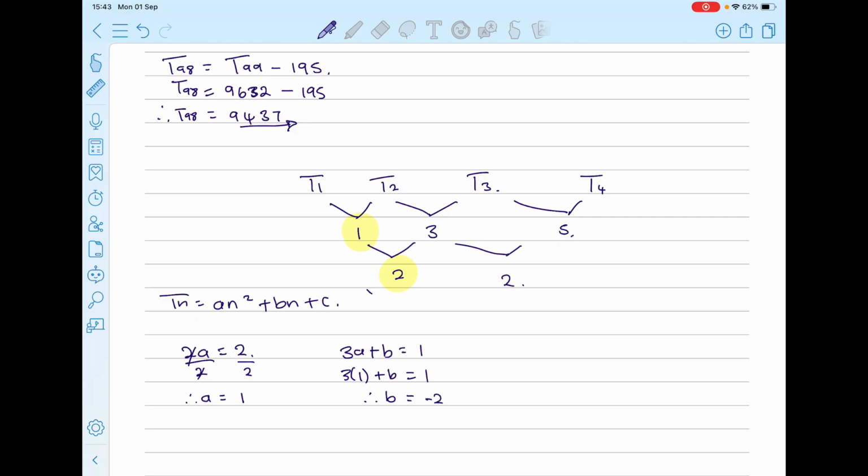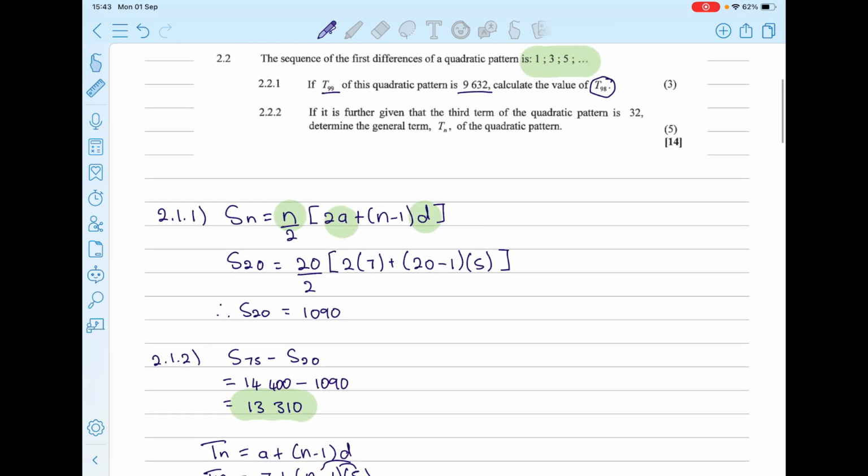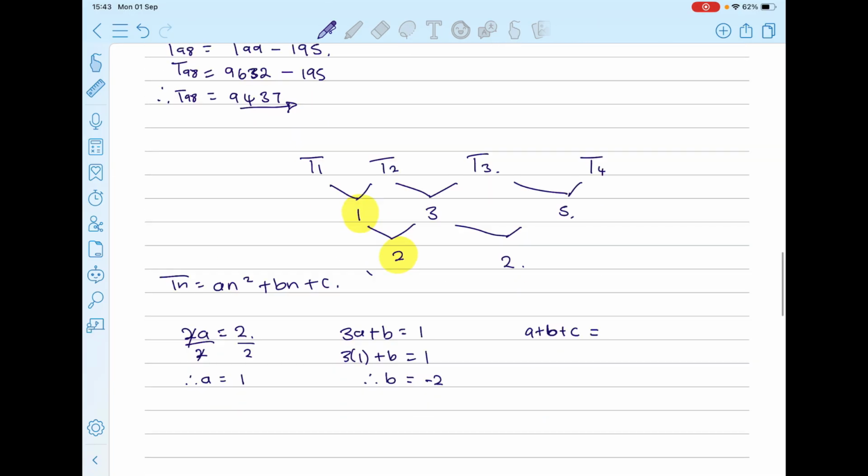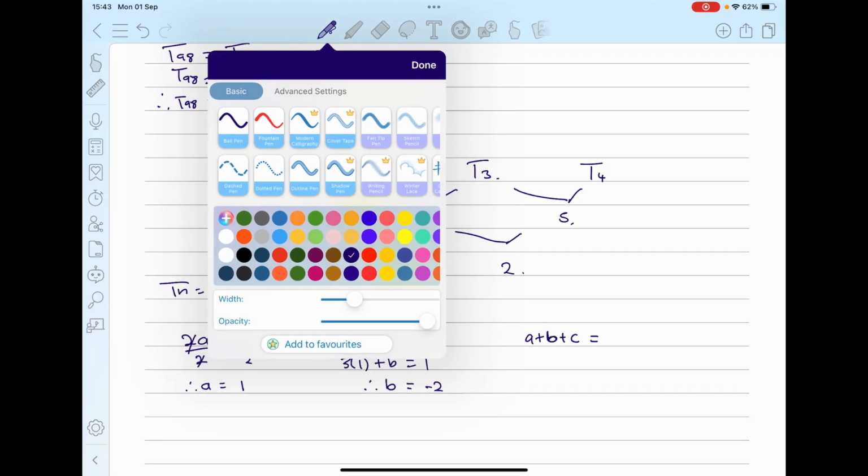And then lastly, we've got a plus b plus c, which will be equal to term 1. We were told that term 3 is 32, so we can work backwards to determine those values.